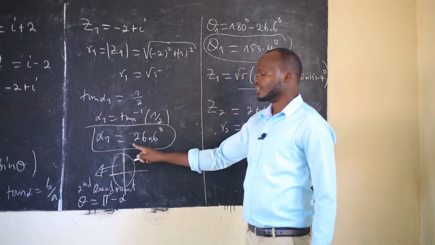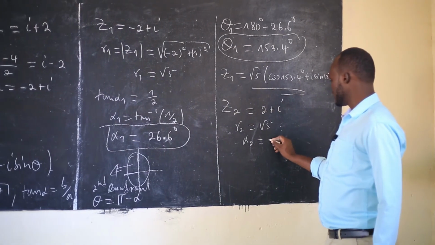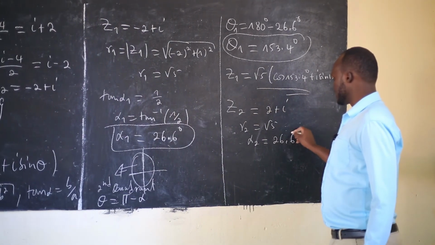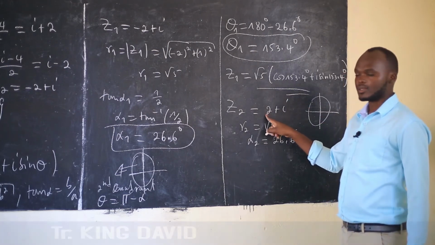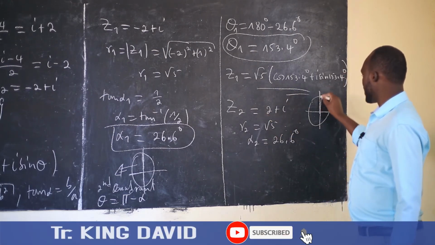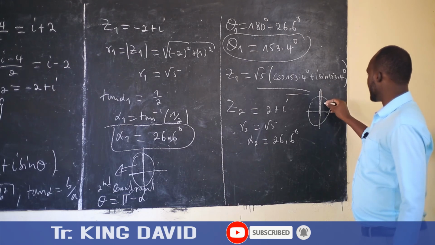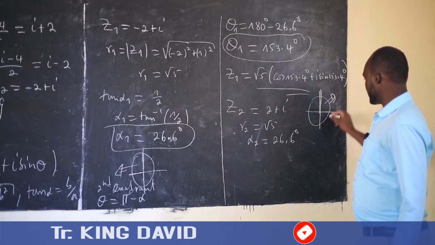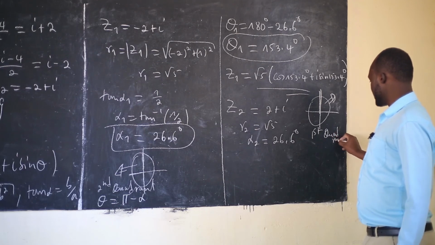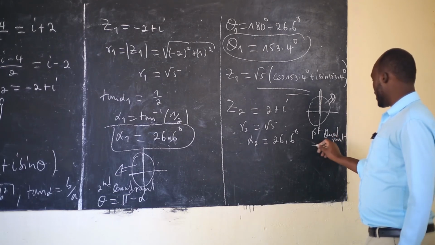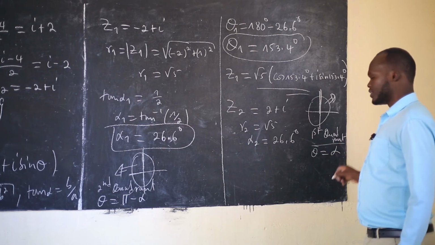And the answer is 26.6 degrees. So we check the quadrant. a is positive and b is positive, so it is in the first quadrant. You know that in the first quadrant, our angle equals alpha.